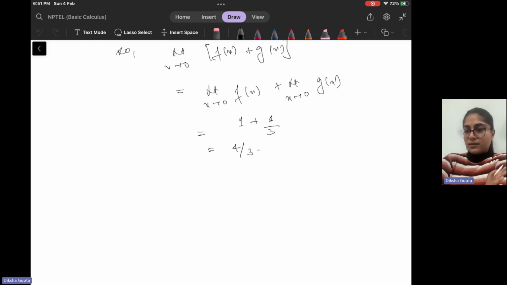So till now we have done some questions on limits where the limit existed, and existed finitely, but there are scenarios when the limit does not exist, or the limit is infinity, which are called infinite limits.